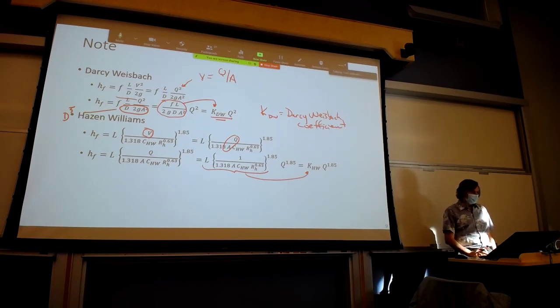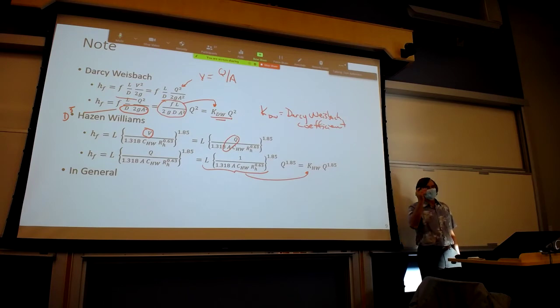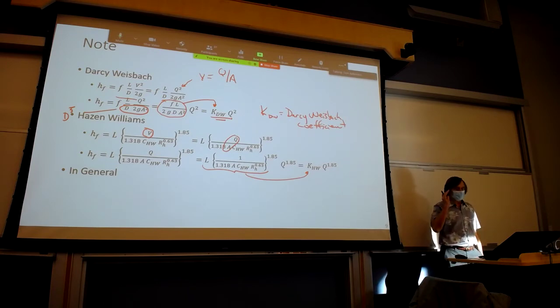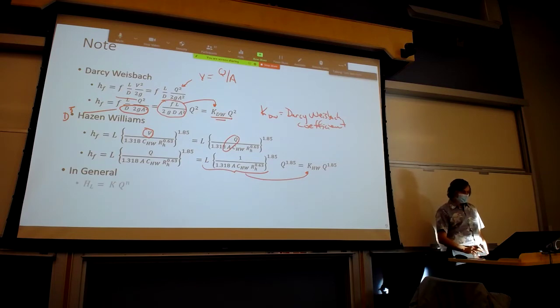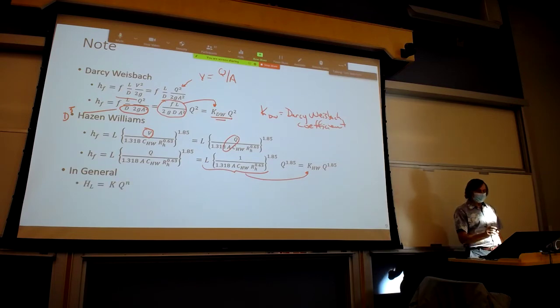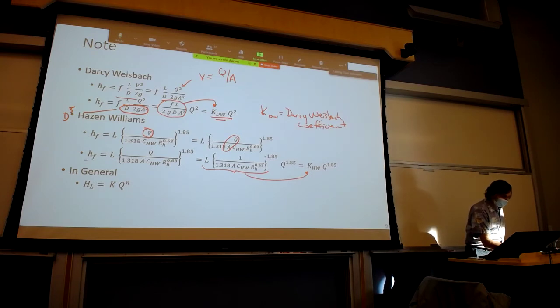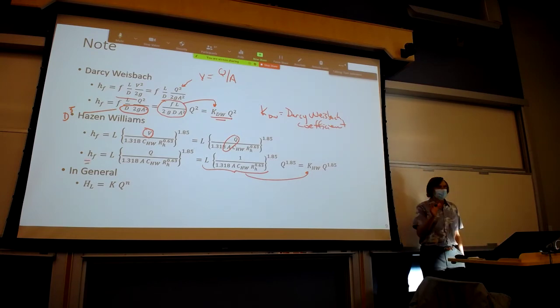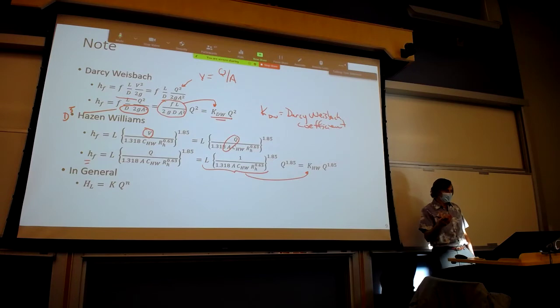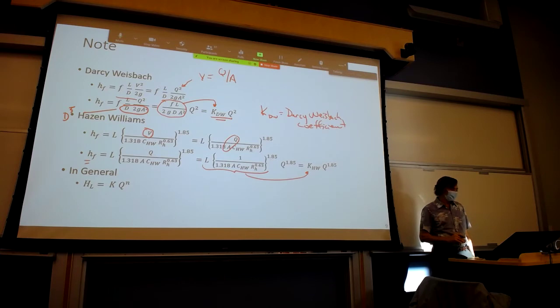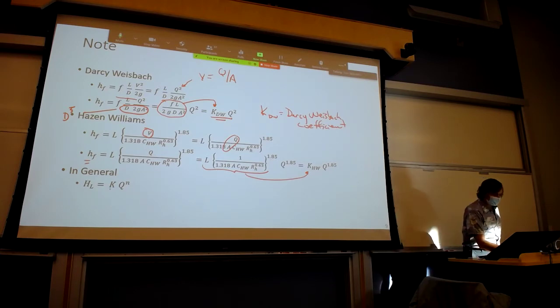The interesting side note is, way back when, in the very first lab of this course, it was a lab that everybody did by themselves on logarithmic plotting, fitting a power function to data. And then in subsequent labs, hopefully you were using that. In this case, what you see, not just for friction losses, but in general, when we're studying pressure distribution systems, is that the energy losses, H_L, and again, this could be friction, and it could also include the minor losses that we're going to talk about today, are proportional or equal to some factor times the discharge to some power.